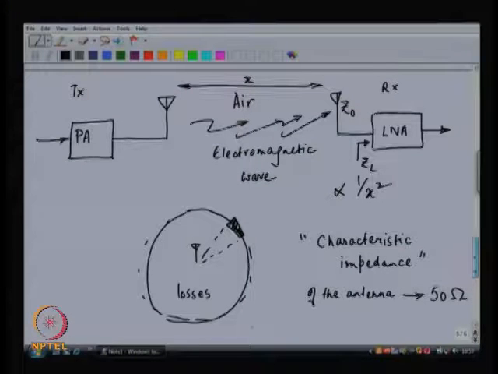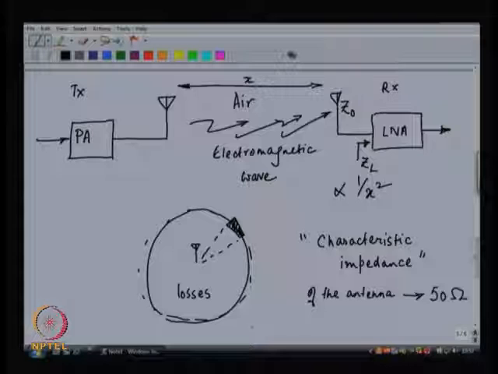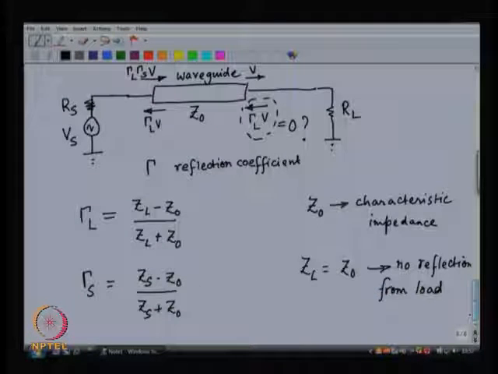Next thing, let us look at the power amplifier, the source. The source is producing a signal. Part of that signal is probably reflecting back to the source because of some mismatch on the load side.